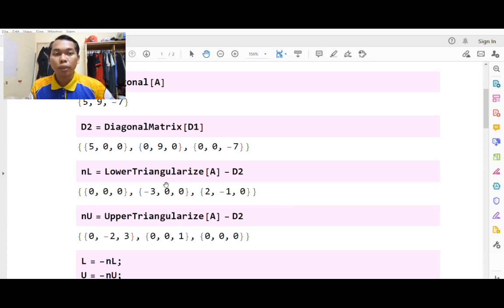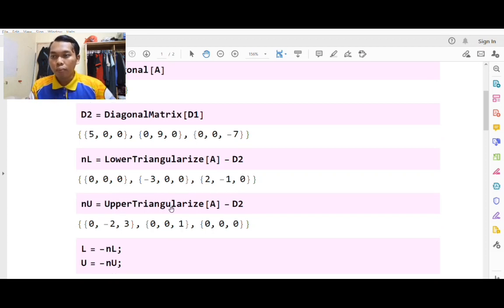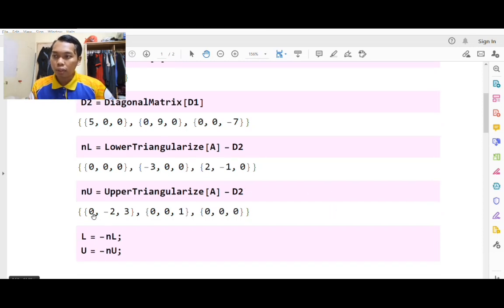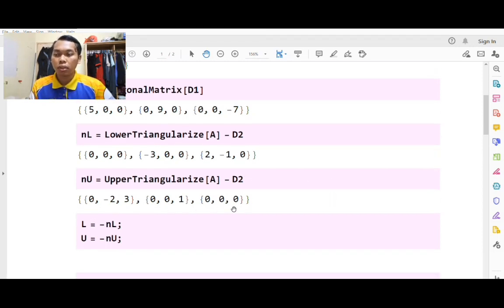So we subtract D2 because we only want the lower triangular part of matrix A without the diagonal values. So we get 0, 0, 0, negative 3, 0, 0, 2, negative 1, 0. Same case for NU, we subtract D2 because we don't want the diagonal. So we have 0, negative 2, 3, 0, 0, 1, 0, 0, 0.